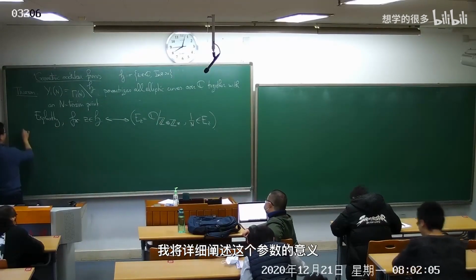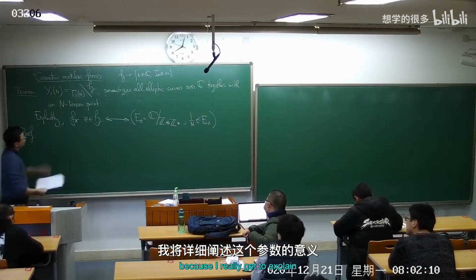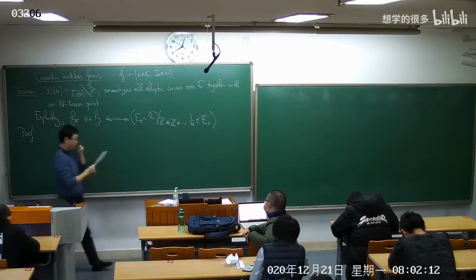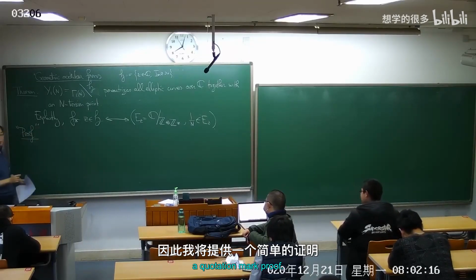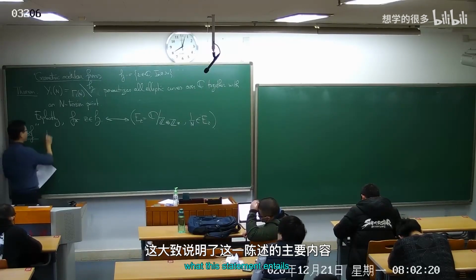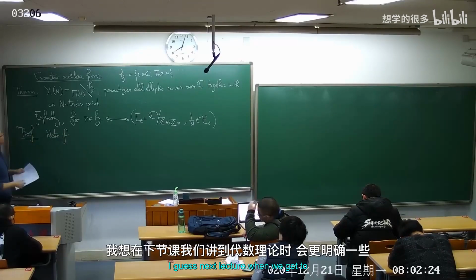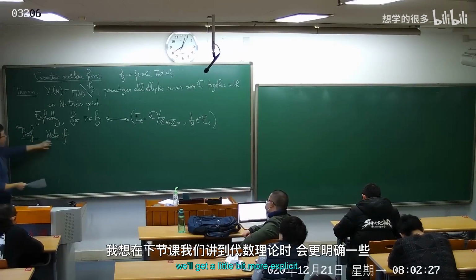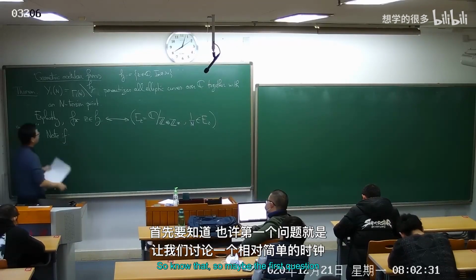I really didn't explain what parameterizes means, so I'm just going to give a quotation mark proof, which illustrates roughly what this statement entails. Next lecture, when we get to the algebraic theory, will be a little bit more explicit.